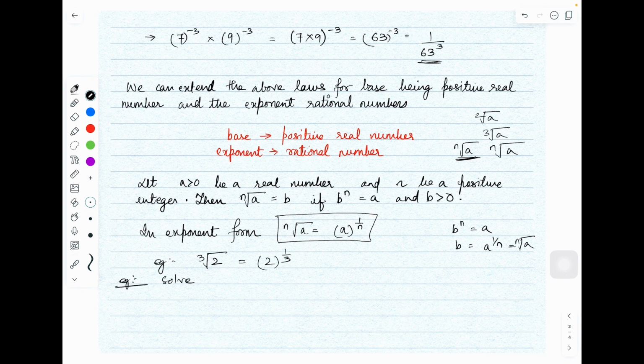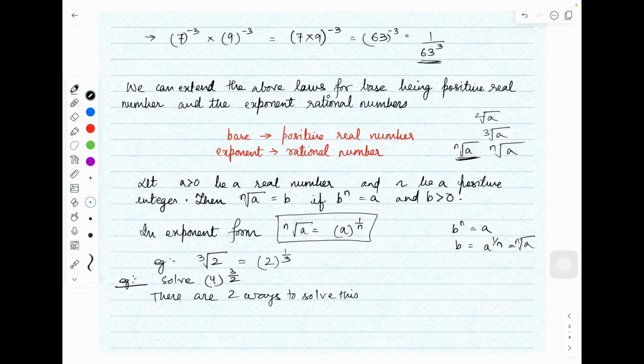See, we'll take an example now of how to solve. Solve 4 to the power 3 by 2. There are two ways to solve this.